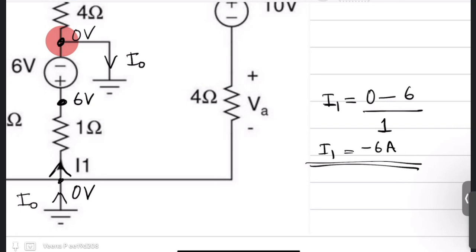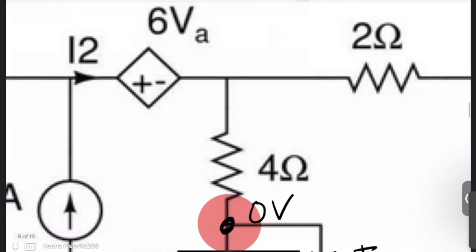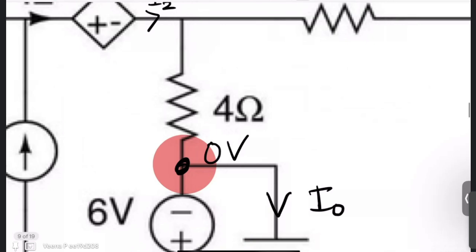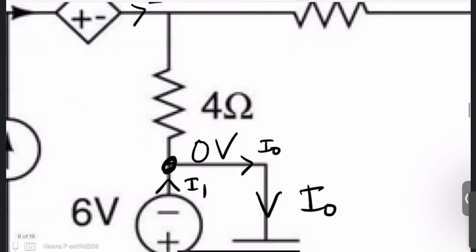Now let us talk about I2. So where is I2? I2 is this current. Now you have, at this node, your I1 is coming and I0 is going. So this current is I1 minus I0.